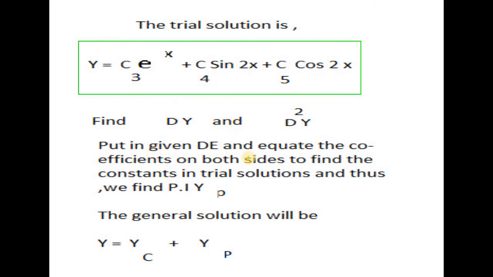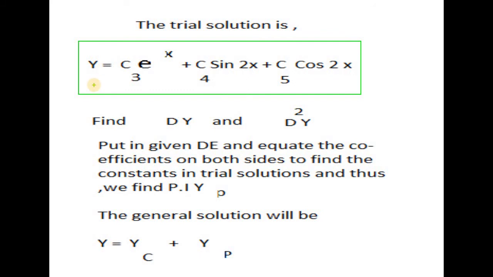Then we put them in the given differential equation and equate the coefficients on both sides to find the constants c3, c4, c5 in the trial solution, and thus we find the particular integral yp. We differentiate this y with respect to x to get y dash, then again differentiate to get y double dash.